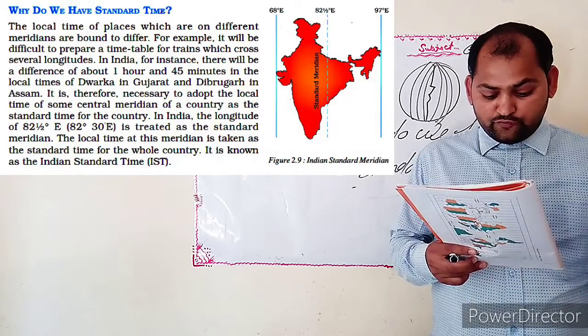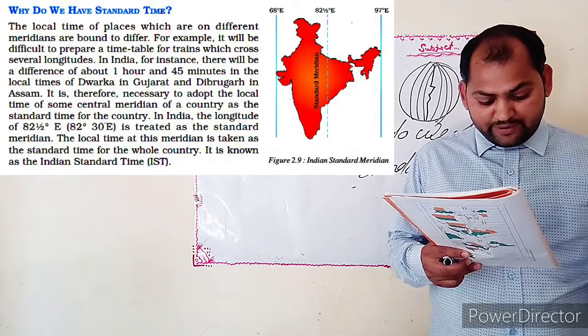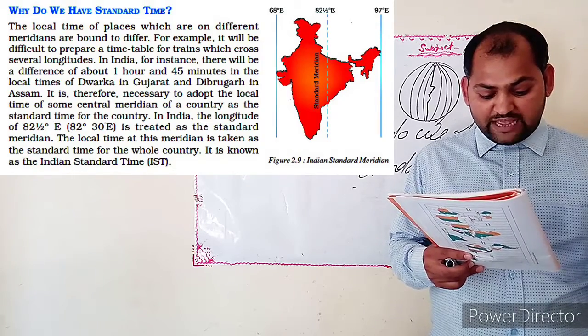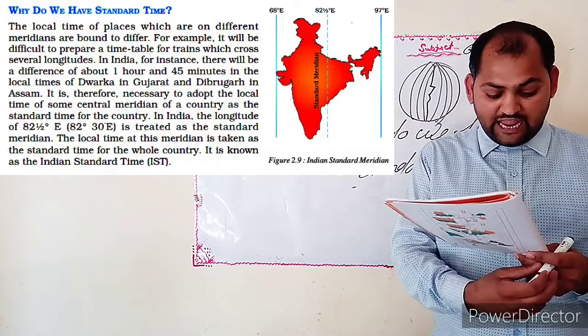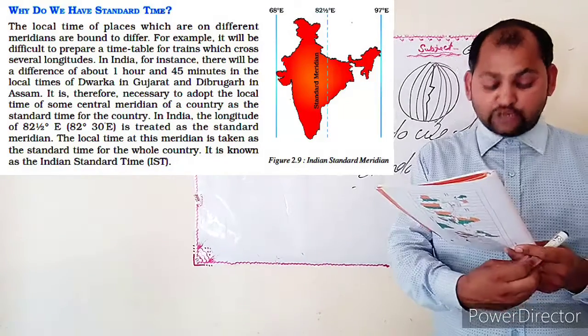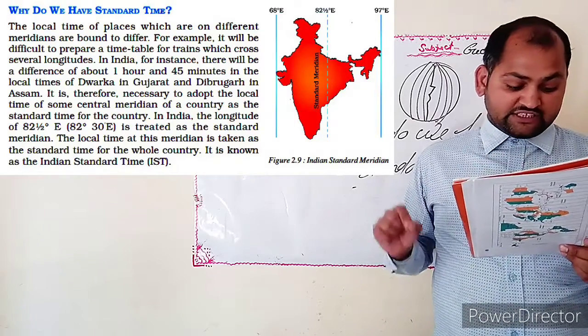In India, for instance, there is a difference of about 1 hour 45 minutes in the local time of Dwarka in Gujarat and Dibrugarh in Assam.